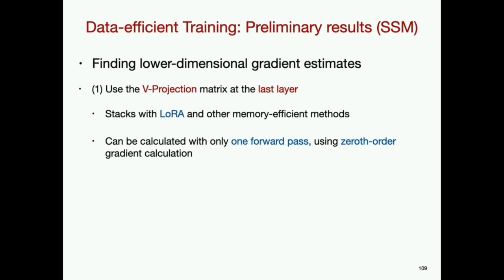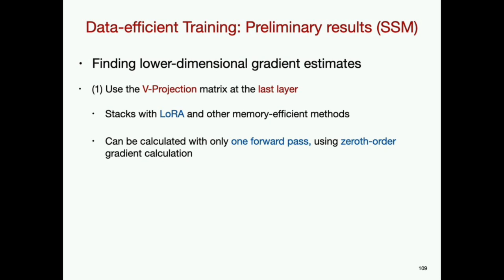In our experiments, we took the V projection, and it seems to work better than the rest of the matrices in the last layer. Even if we are fine-tuning with LoRA or other memory-efficient methods, this is going to be the same, we just have a smaller V projection matrix. Now, we can get the gradient of this last V projection matrix, which, if you remember, is still very large to use, but let's have this for now.